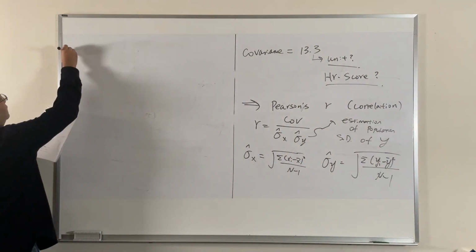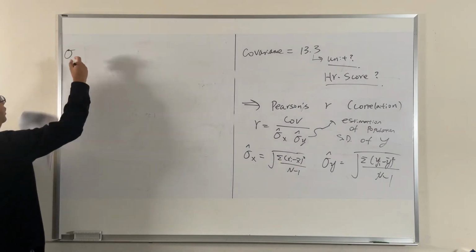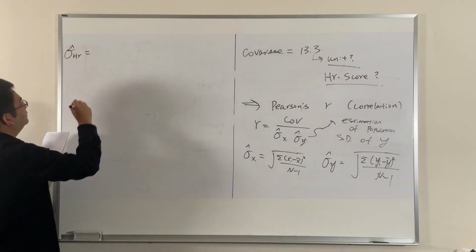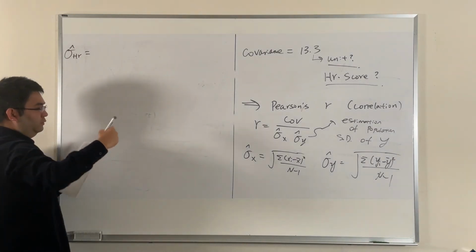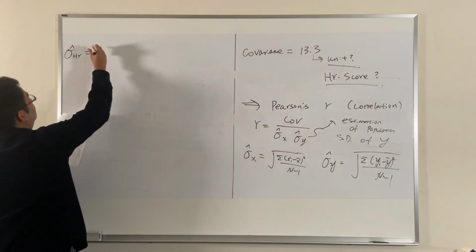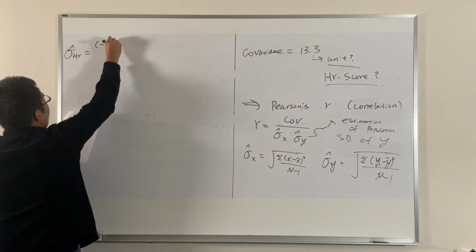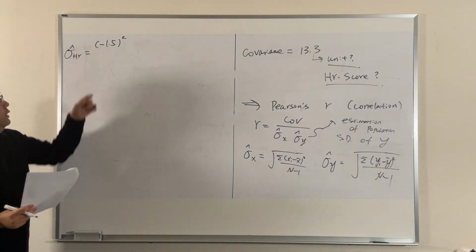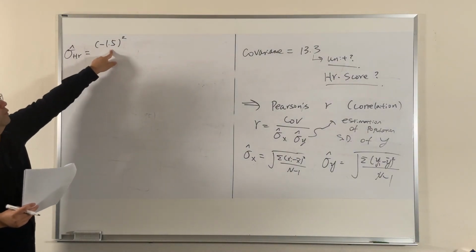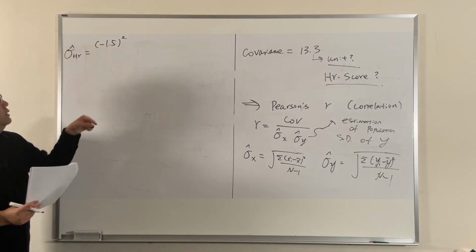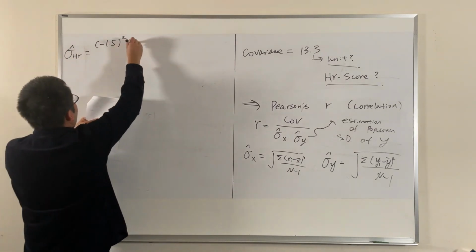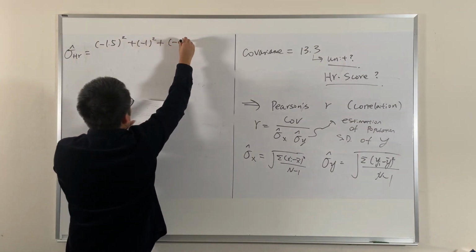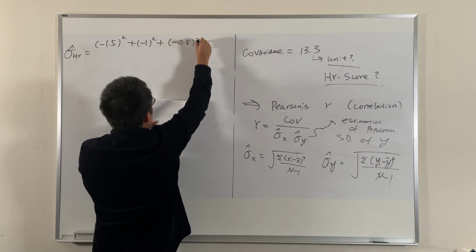Instead of S, I'm going to call this hours. Then we get each value and subtract the mean. So we get minus 1.5 squared. This value I already calculated, so it should be 1 minus 2.5, the data point subtracts the mean. I'm trying to save some space here.